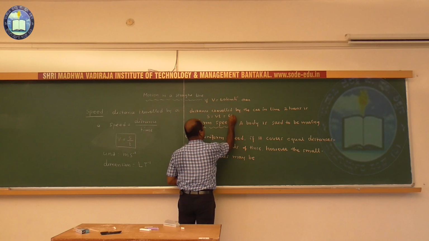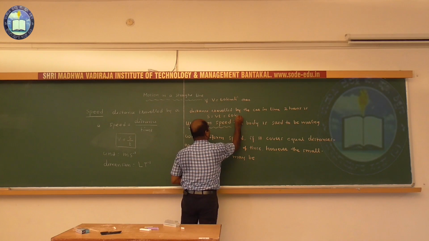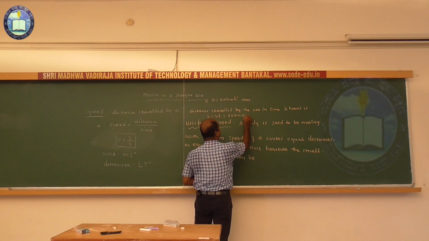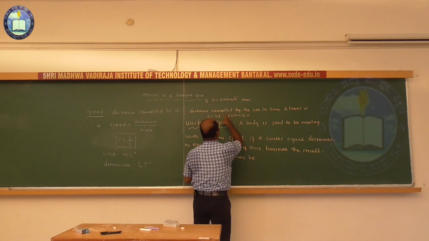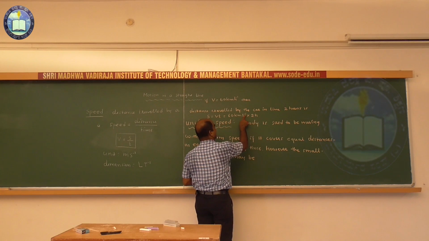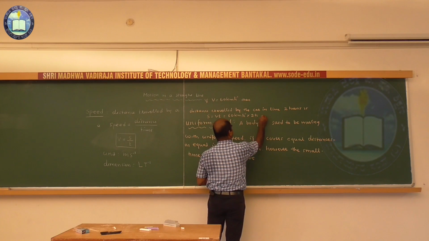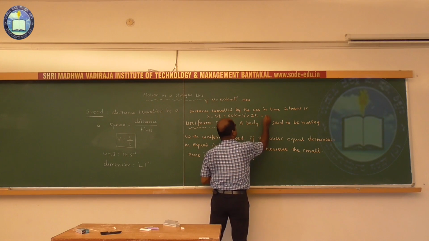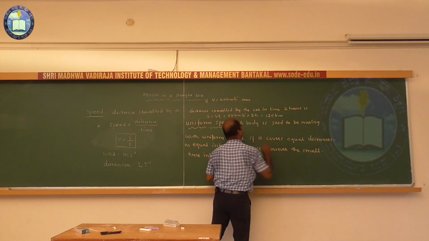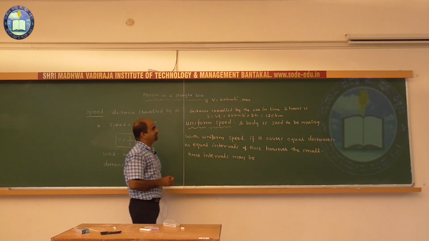So V is 60 kilometer per hour, into time, which is 2 hours. Per hour and hour get cancelled. 60 into 2 is equal to 120 kilometers.